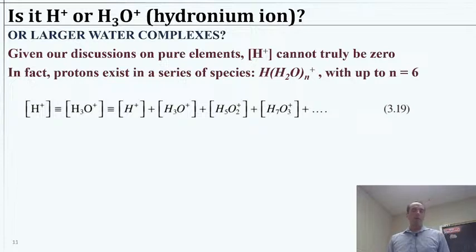In fact, there are other water complexes, such that we have the equation H with some number of waters, and a plus, and these little clusters can be the representative of an acid. We can even go as far as 6 waters sharing one proton in a cluster. We talked at some point about how water can cluster together sometimes.